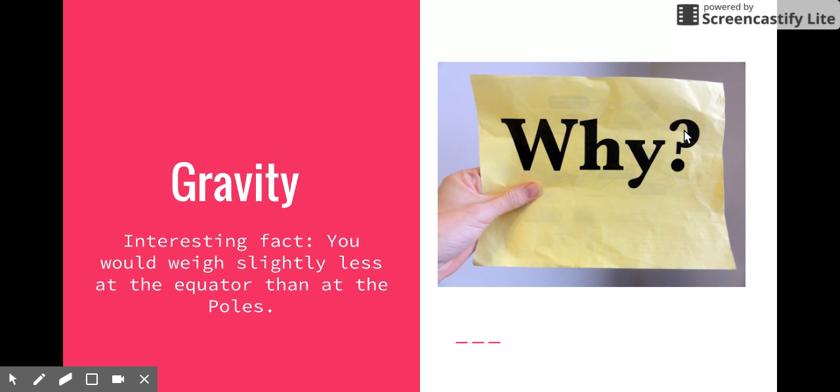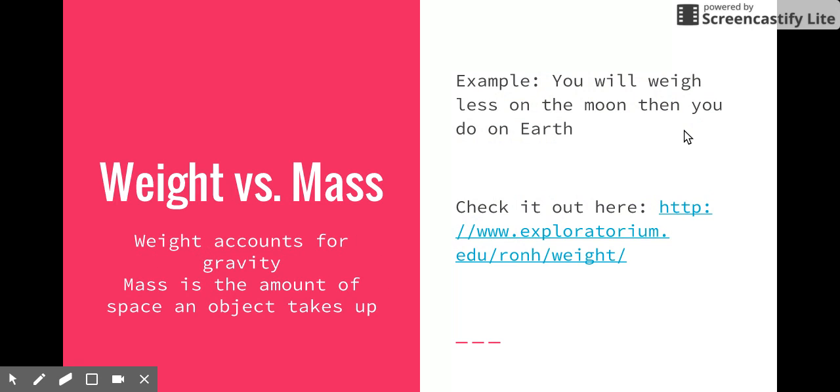So, interesting fact, I think this is pretty cool. You would weigh slightly less at the equator than you would at the poles. Any thoughts as to why that might be? Let's discuss quickly weight versus mass. A lot of people use these terms interchangeably, but they are indeed very different.